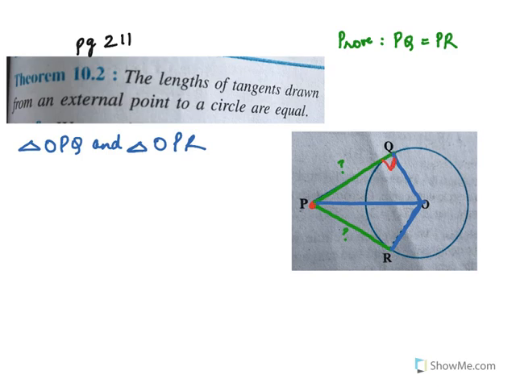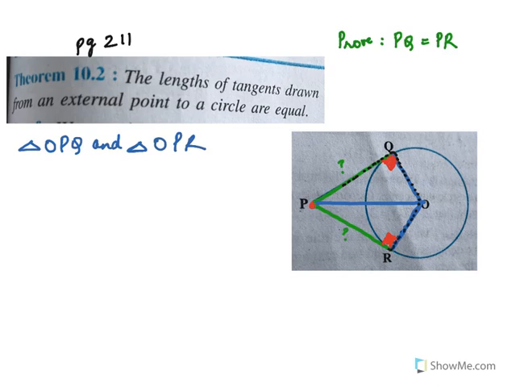So I have here a 90 degrees, and this is a 90 degrees by definition. Radius and tangent are perpendicular. This is my radius, and this is my tangent, and the angle between them is perpendicular.